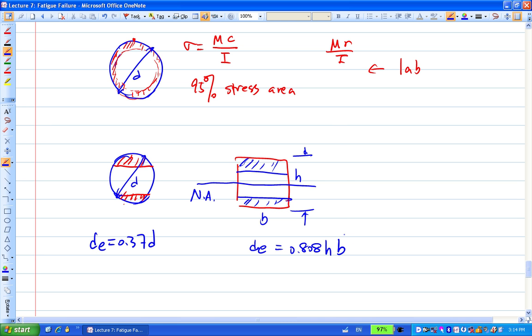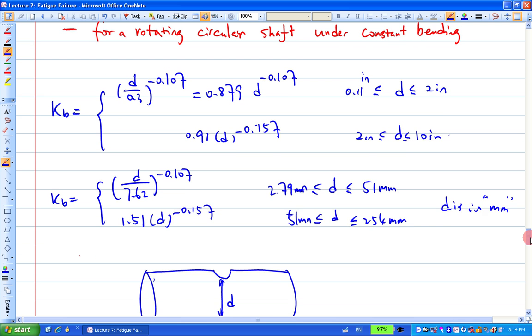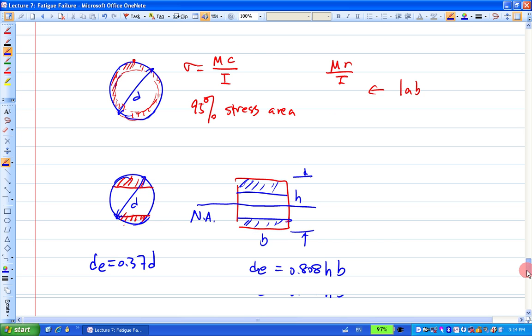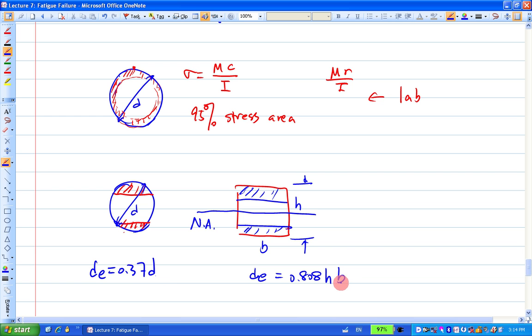Sorry, are we not concerned about units of this? Yes, you should be concerned, because the unit is determined by here. If you use inches here, then this is going to be inches. Wouldn't it be inches squared?